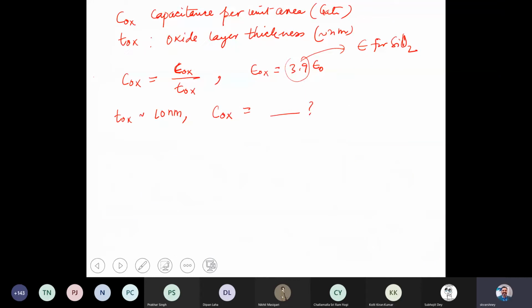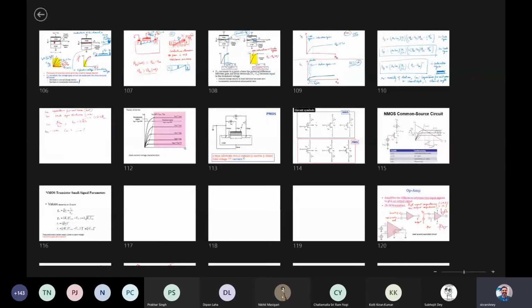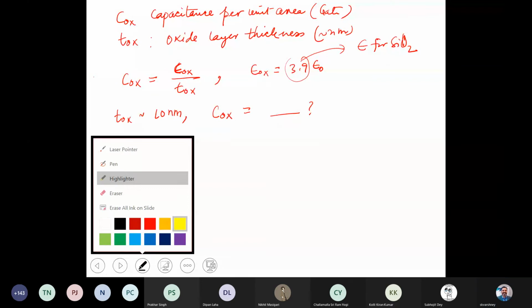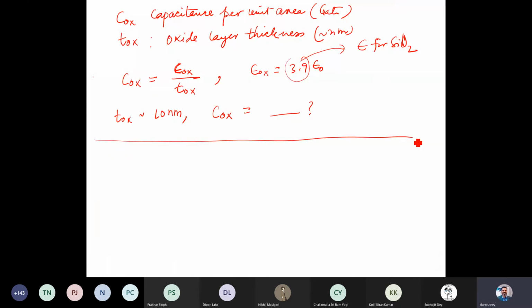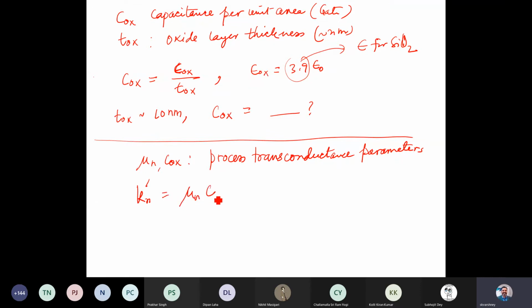We refer to mu n and COX as the process transconductance parameter, and we write this as Kn dash, the product of mu n and COX.